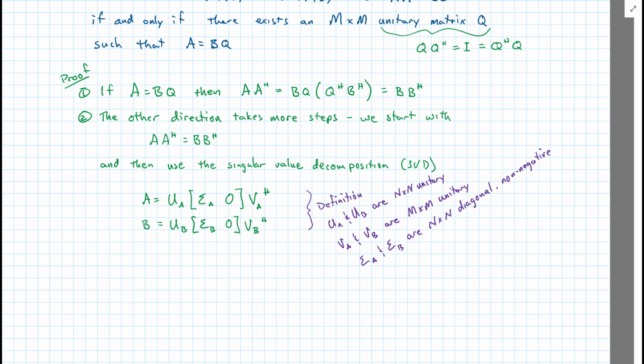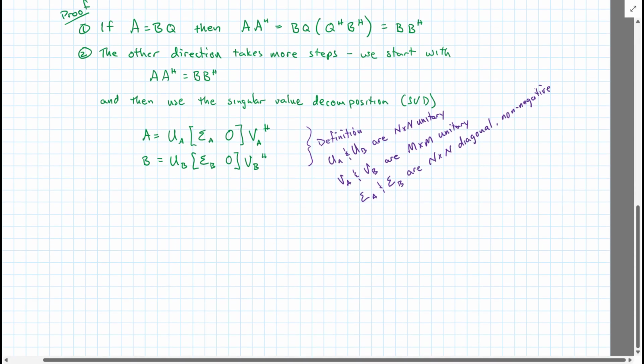non-negative by definition. Okay, so these sigma A and sigma B contain the positive square roots of the eigenvalues of AA^H and BB^H, respectively. I guess we should make a note of that.